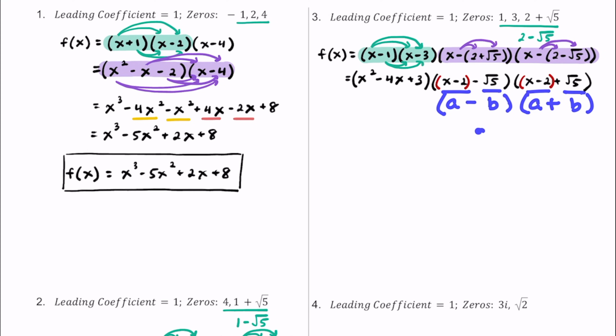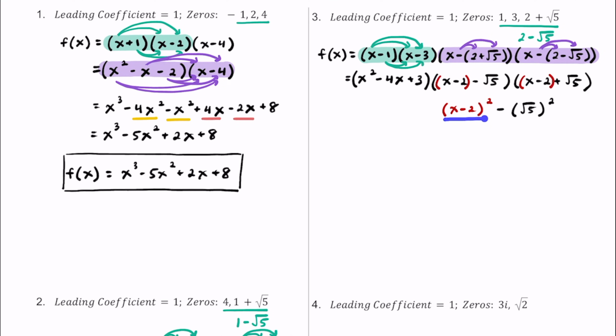And so when we do that, we should get a squared minus b squared, which is a difference of squares pattern. So you can really get away with just taking this x minus 2 and squaring it, and then subtracting this root 5 squared. That's what it ends up turning into, right? So we have the quantity x minus 2 squared, and then we're going to be taking away the square root of 5 squared. So that's what this whole thing is going to be turning into.